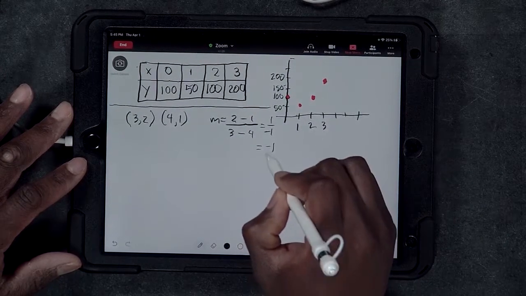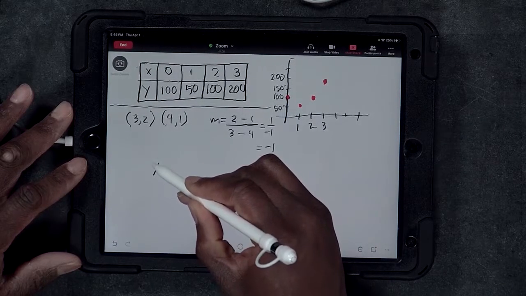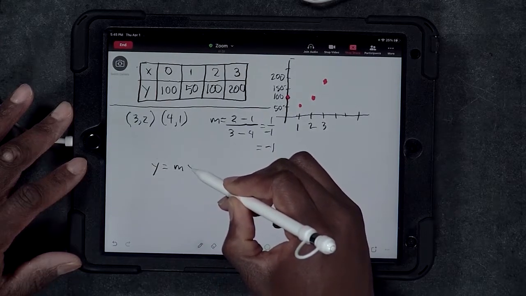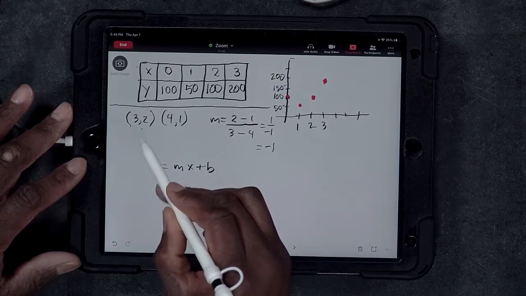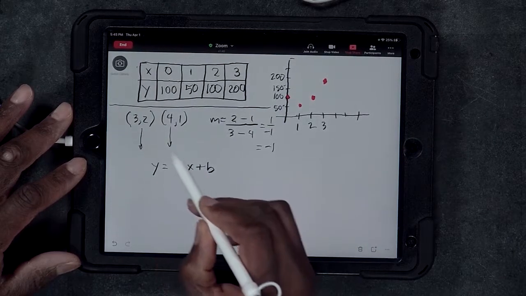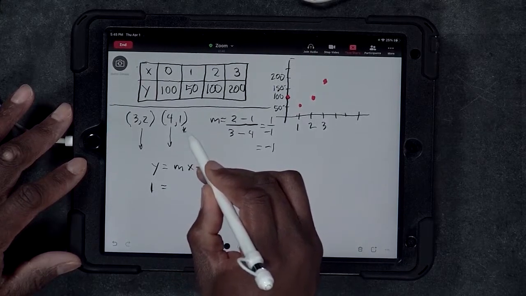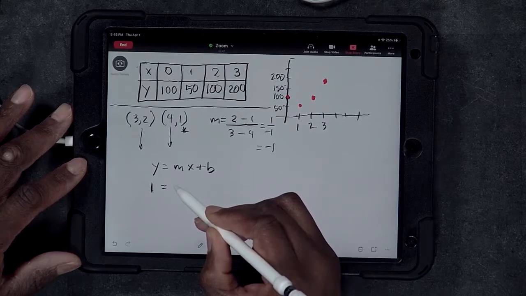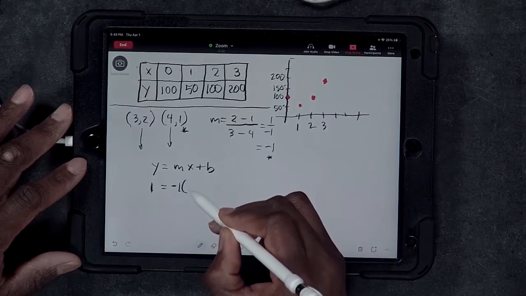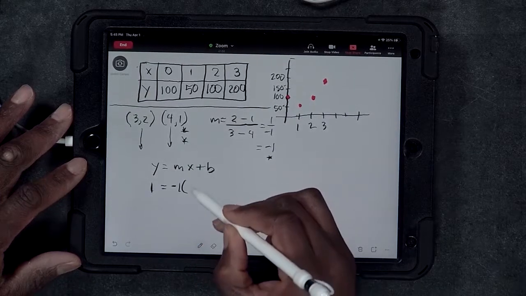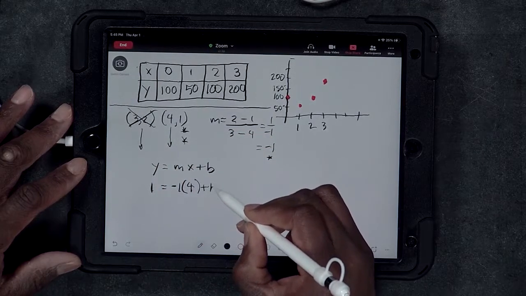You would then take that slope and substitute it into the slope-intercept equation, and you would take one of the points, it doesn't matter which one. I'm choosing this point here, so you substitute in the y value, and then multiply the slope you got from the previous step by the x value, 4, plus the y-intercept.